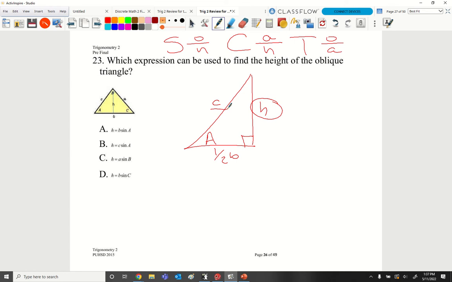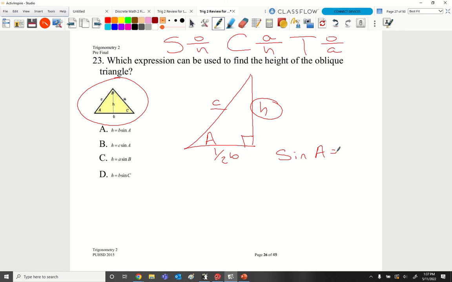Sine. Where did you get the 1/2 from? See the triangle? The whole triangle has just b on the bottom, but since I broke it in half, that's why I have half b. So now sine of A is always equal to opposite over hypotenuse.